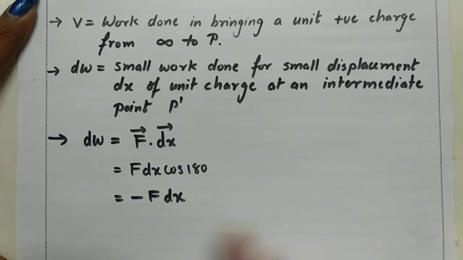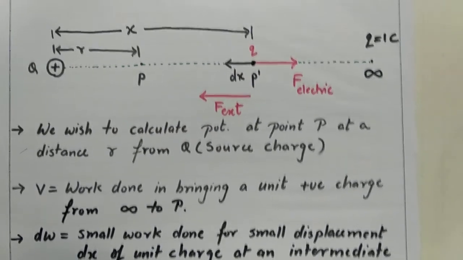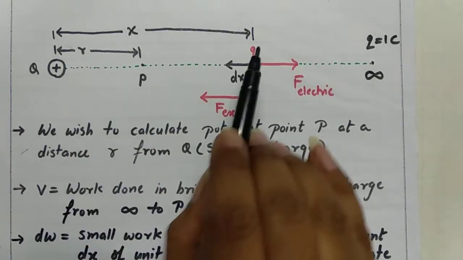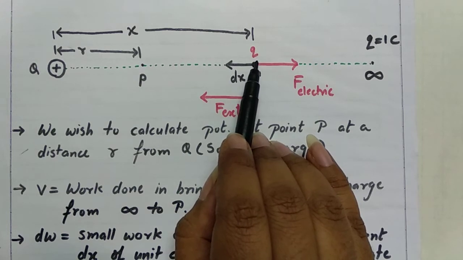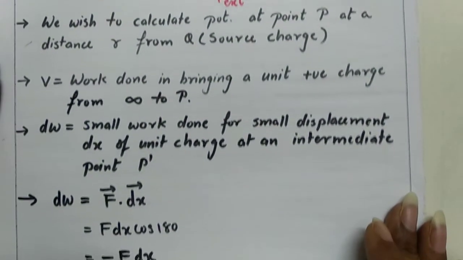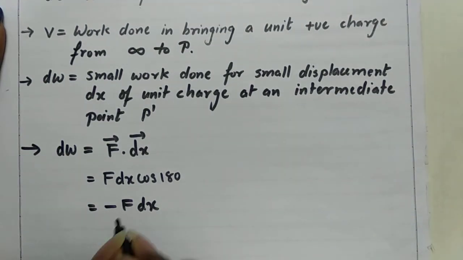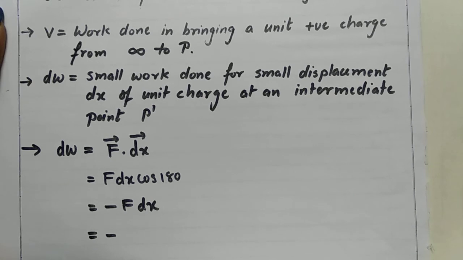Okay, now what is the value of this force? We have two charges: this is the source charge and this is our test charge. Whenever we have two charges, the force acting between them is given by Coulomb's law. So I'll substitute that value of force over here. It will give me this minus as it is. F is equal to K Q1 Q2 upon R square. That was Coulomb's law.